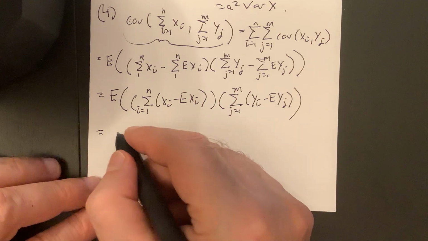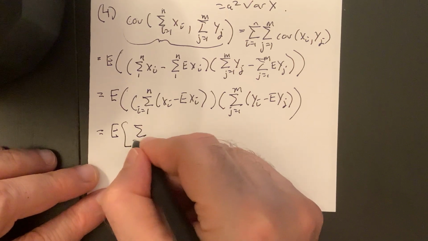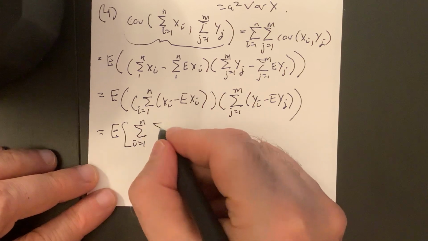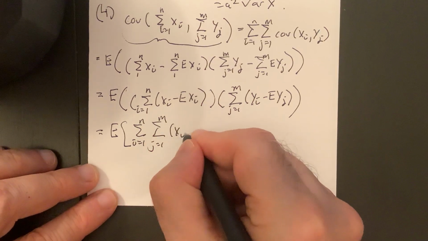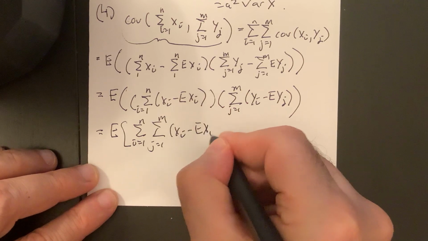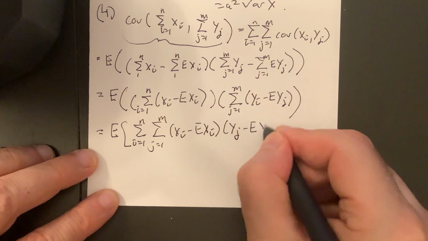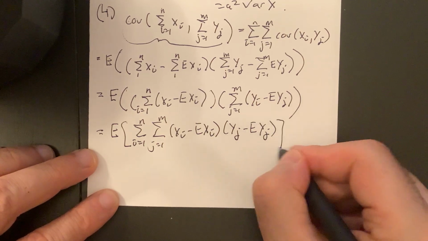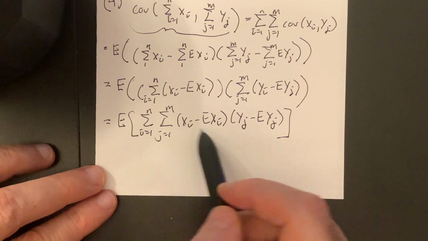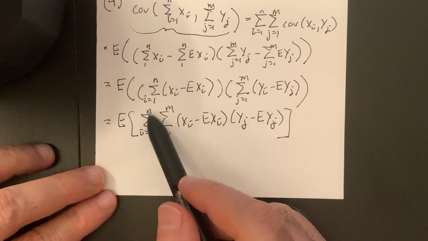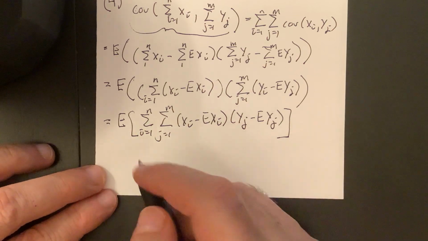So I get E over the double sum, and I just have an n times m size sum here, n times m terms. And I'm taking the expected value of that.